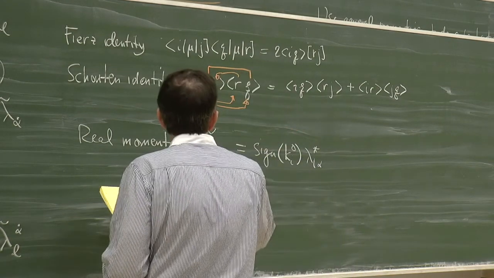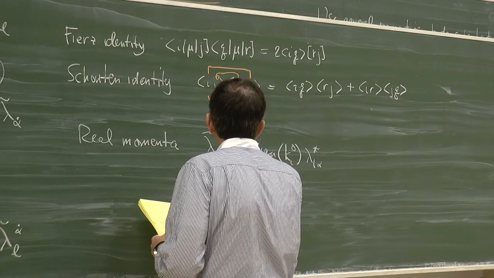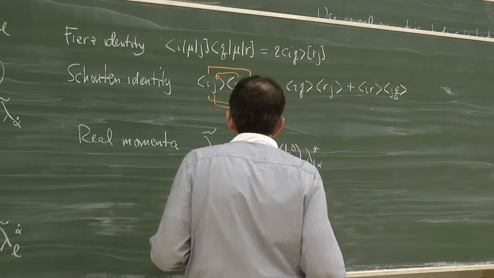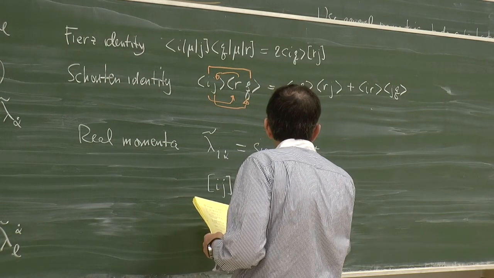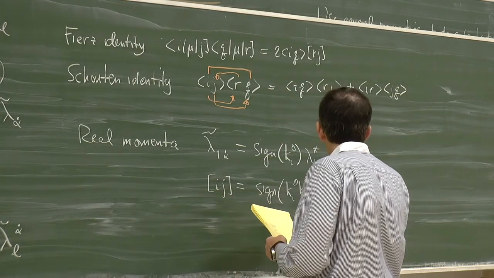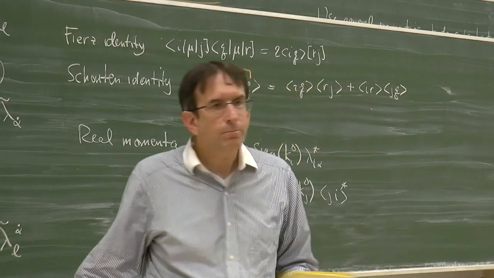And that also means that you can write a relation for the spinor products as well. It's just given in terms of the signs of the energy components of the two vectors and then the angle product.